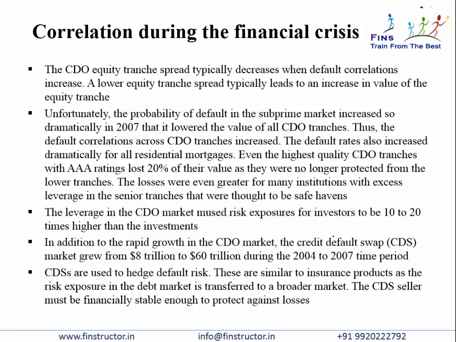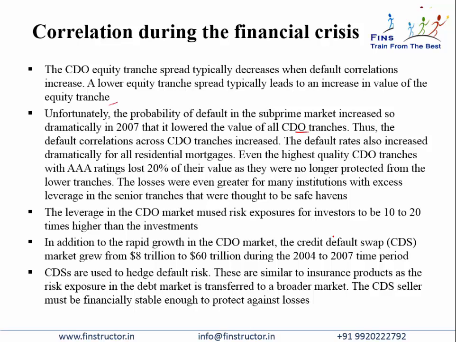The CDO equity tranche spread typically decreases when default correlation increases. A lower equity tranche spread typically leads to an increase in the value of the equity tranche. Unfortunately, the probability of default increased so dramatically in 2007 that it lowered the value of all CDO tranches, be it the equity tranche or the mezzanine tranche.